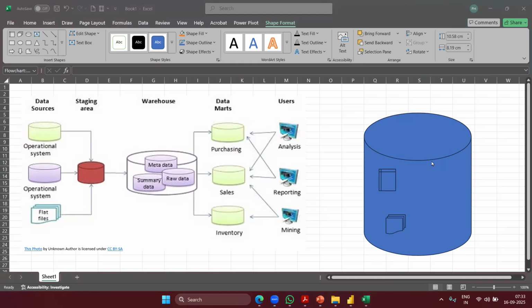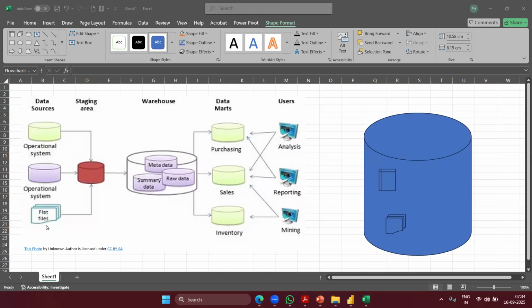So initially the IT teams started directly querying these operational systems. Say they want to know the total sales happened today, or the day-to-day sales. For all these analytical things, they started using the operational systems.